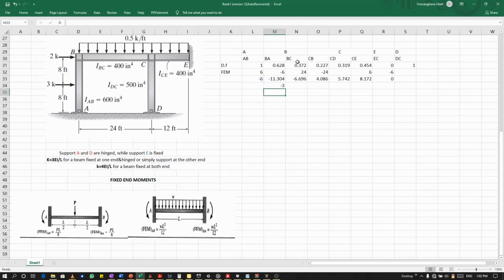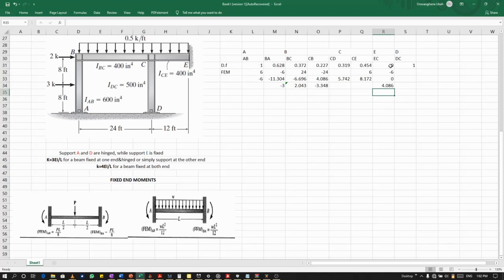Then we're going to share from B to C, and we're going to share from C to B. Then we're going to share from B to C. Then we're going to share from C to E. Okay, so remember, if we have a hinge or a simply supported joint, we're going to be sharing it only once when we're using our distribution factor of 1.